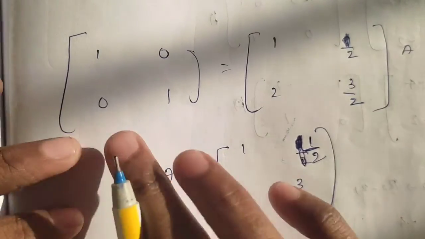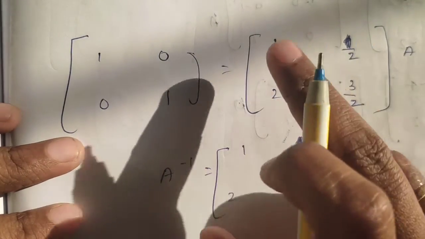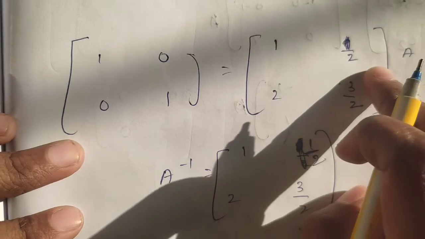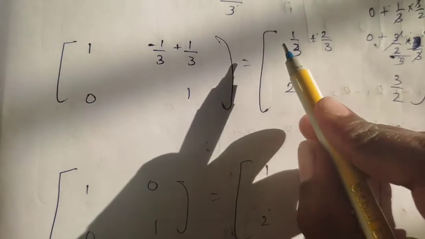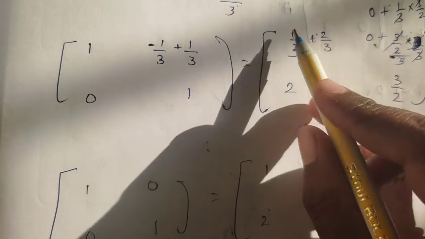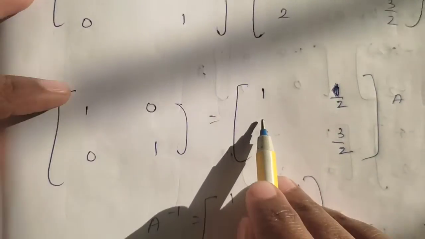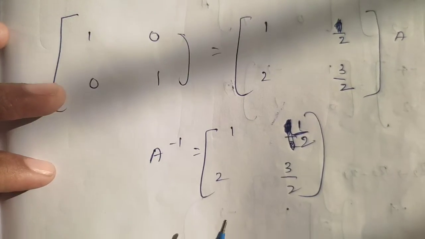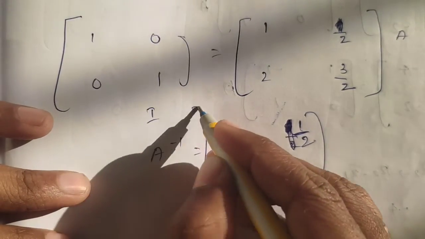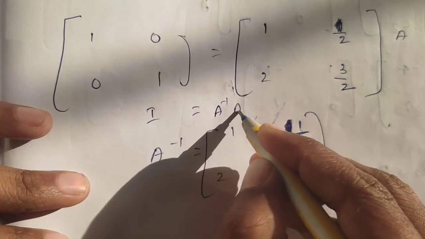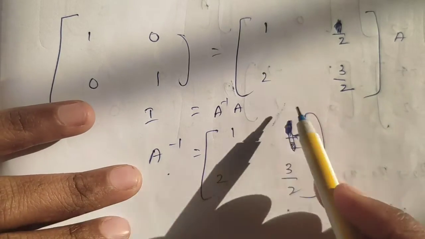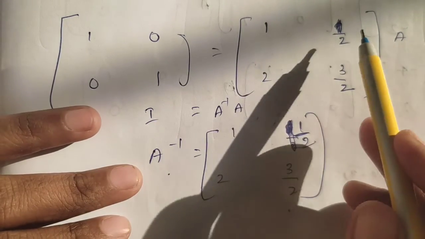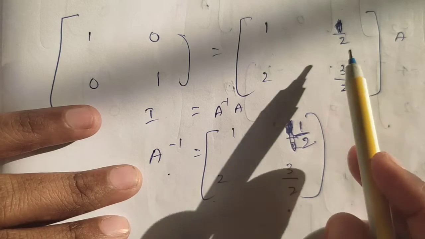So we are getting 1, 0, 0, 1 is equal to 1, 1 by 2. 1 plus 2, that is 3, 3 by 3, 1, 1 by 2, 2, 3 by 2. So I is equal to A inverse A. So our A inverse matrix is 1, 1 by 2, 2, 3 by 2.